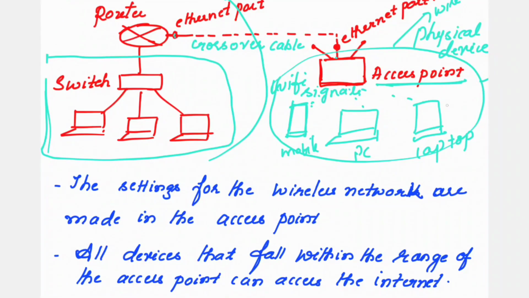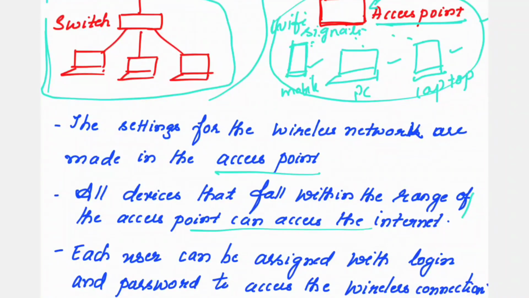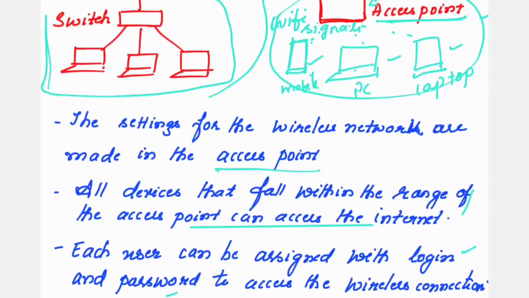The settings for these wireless networks are made in the access point, and all the devices that fall within the range of the access point can access the internet. These devices will also be assigned a login and password to access the wireless connection.